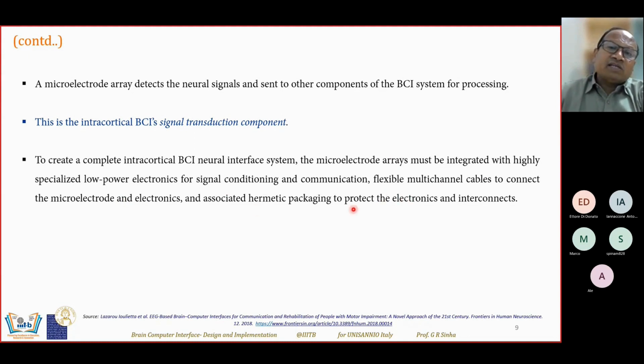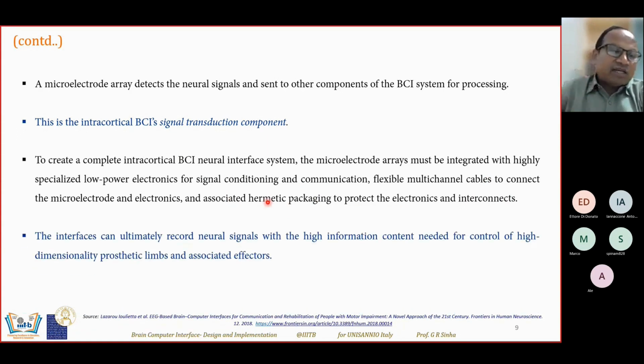Why is this kind of packaging needed? You provide protection to all those channels so that there is no loss of the signal coming from the brain. So the electrodes and electronics interconnecting the neuronal interface are protected by packaging so that some shielding takes place.